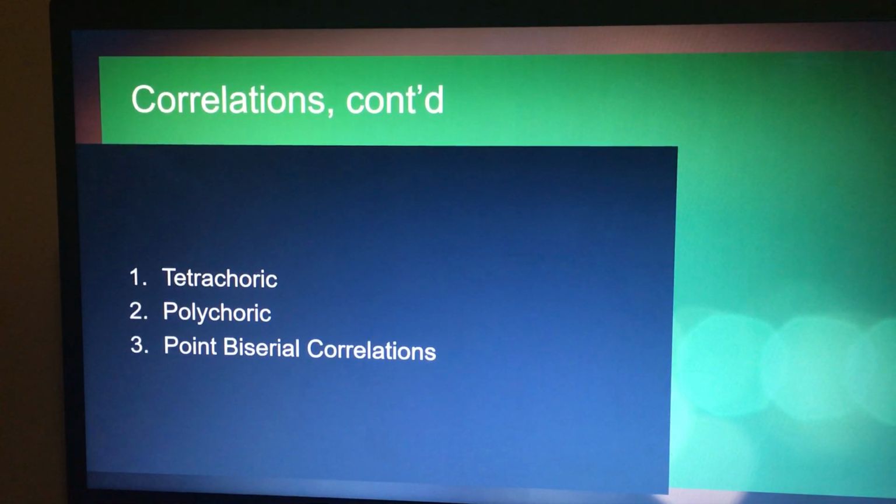So let's talk about tetrachoric correlations. These are used when we want to measure the relationship between two binary variables that are assumed to have underlying interval ratio continuous distributions. So for example, let's say we want to see if there's a relationship between whether students are passing or failing a test and whether they like or dislike math.